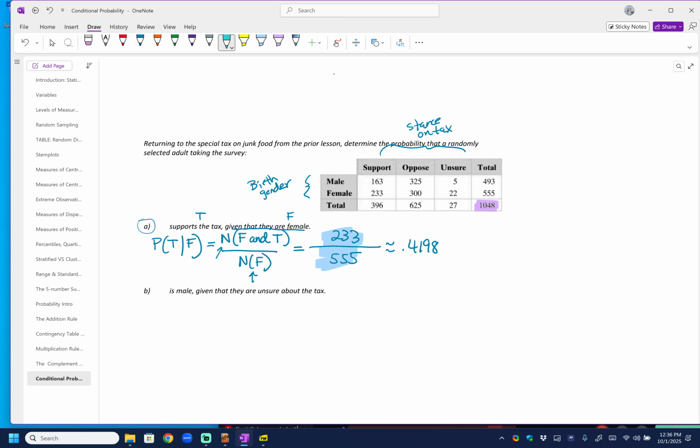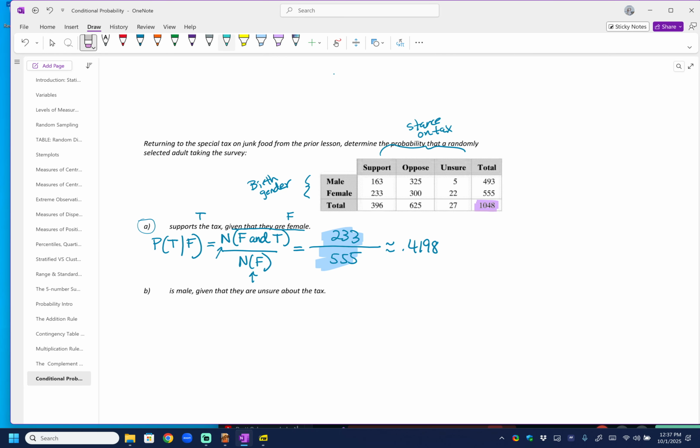It turns out that conditional probability is the only probability that you're going to learn where the denominator is not the table total. The denominator instead is going to be one of these counts that are in the margins. So be very careful with that. It is common that students mess that up a little bit or confuse some of the probabilities because this is the only one that doesn't have a table total as a denominator.